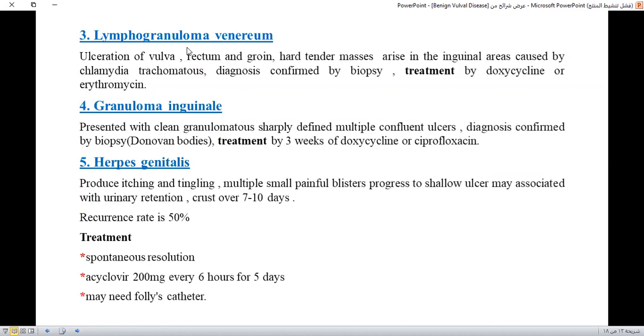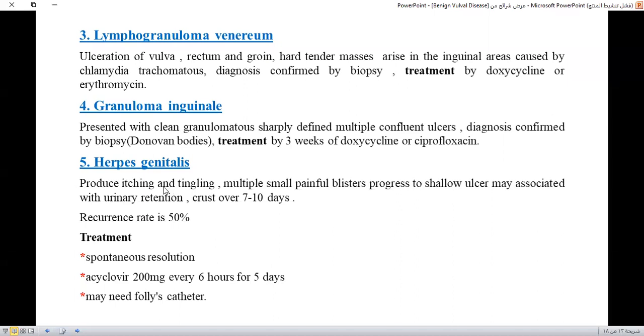Lymphogranuloma venereum. The feature here is the ulcer will be related to vulva, rectum, and groin. Also, the cause is Chlamydia trachomatis, treatment by doxycycline or erythromycin. Granuloma inguinale, here presented with multiple ulcers, diagnosis by Donovan bodies, treatment 3 weeks of doxycycline or ciprofloxacin.